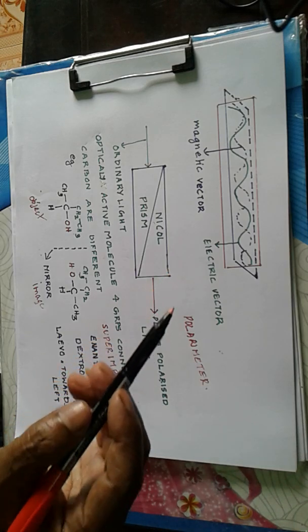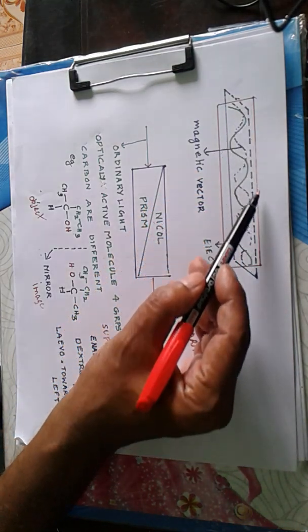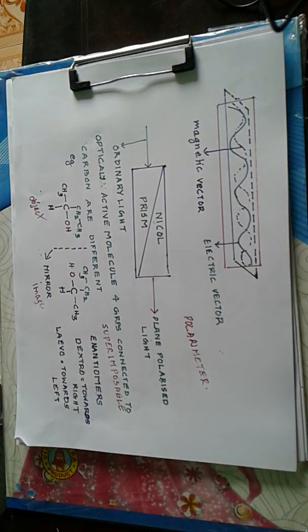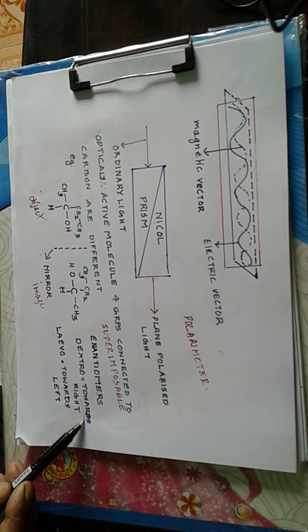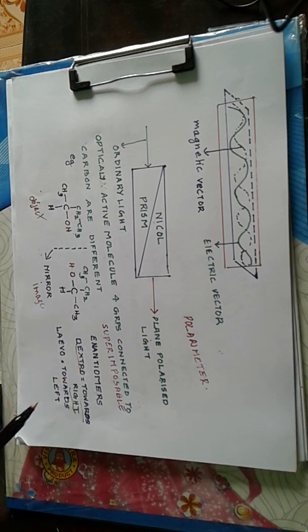Now the plane means it can be the plane of the electric vector. So the plane of the electric vector is rotated by an optically active molecule towards the right or towards the left. And if the plane of polarization of plane polarized light is rotated by a medium containing an optically active molecule towards the right, then it's called dextro-rotatory.